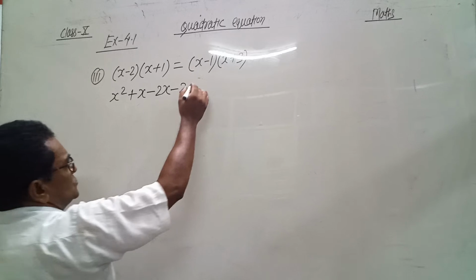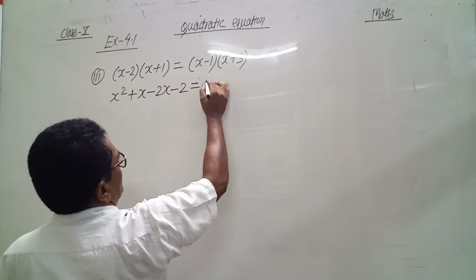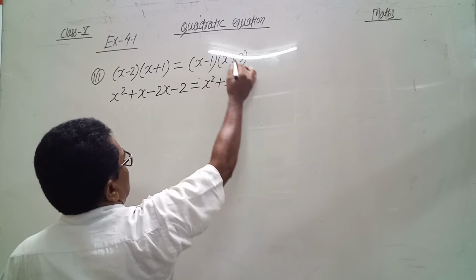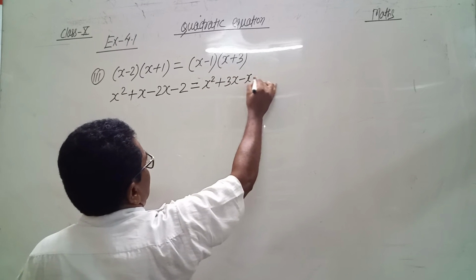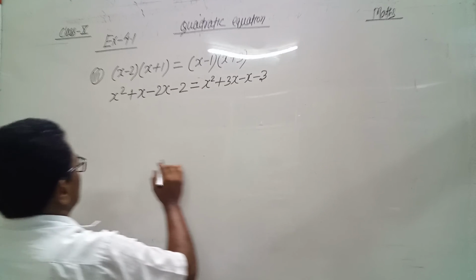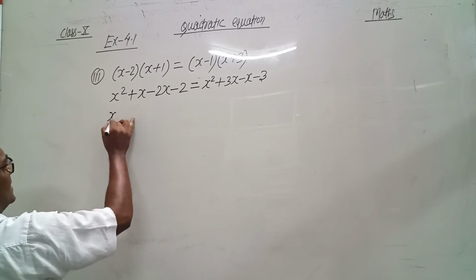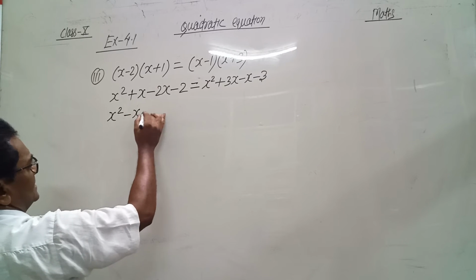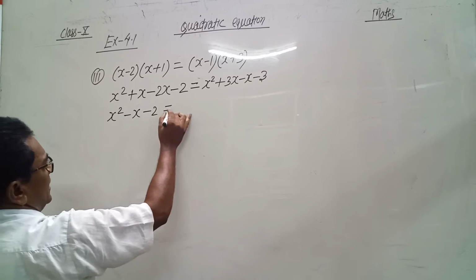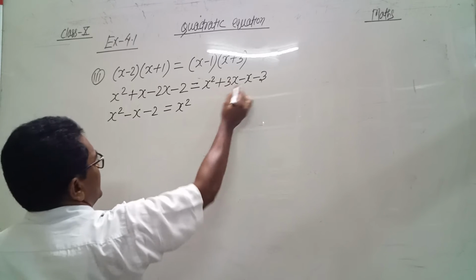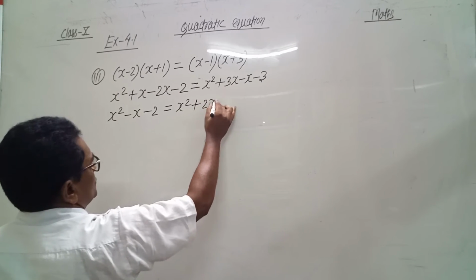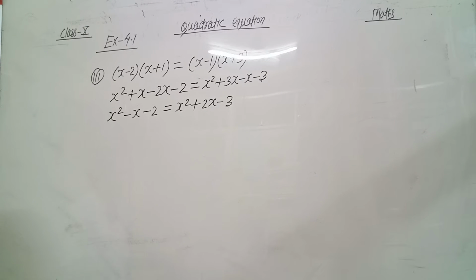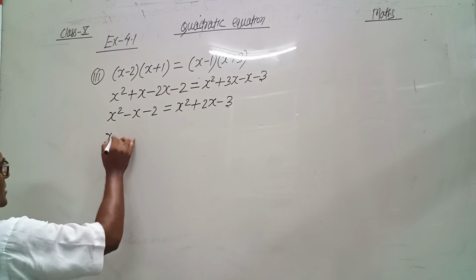Then multiply these two terms, x into x, x square, plus 3x, minus 1 into x, minus x, and minus 1 into 3, minus 3. So x square, x minus 2x, it becomes minus x, minus 2, x square, and 3x minus x, it gives 2x minus 3. All these terms will go on left side, their sign gets changed.